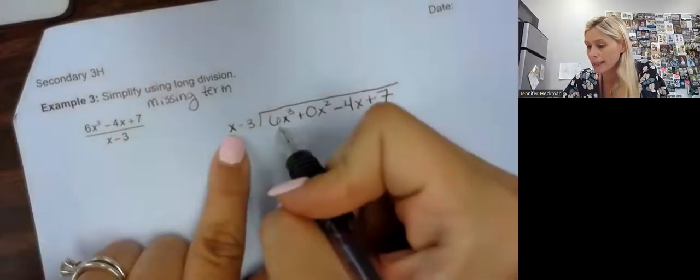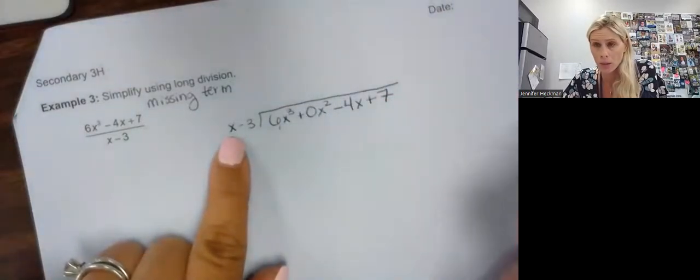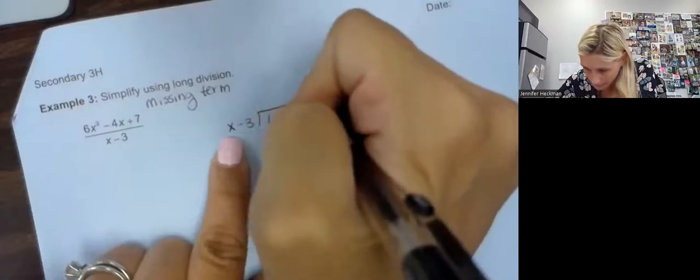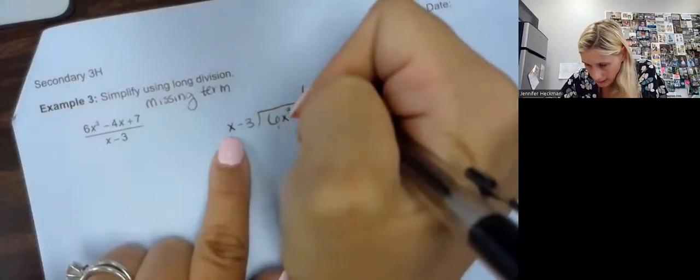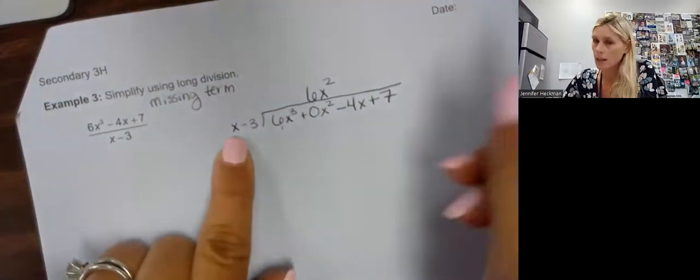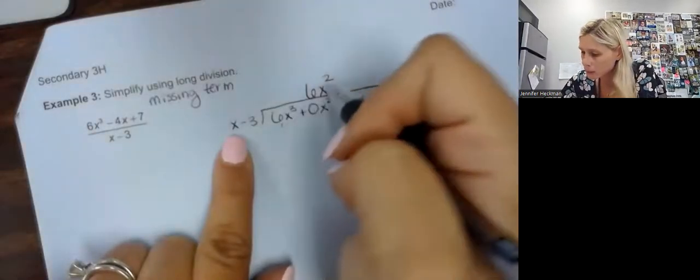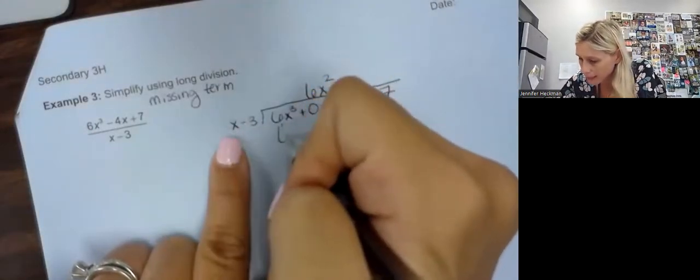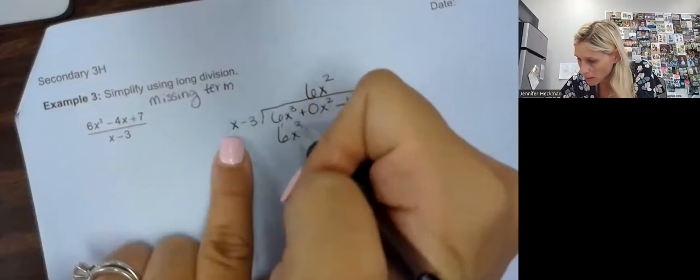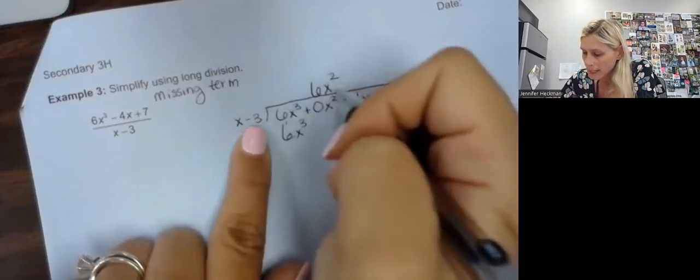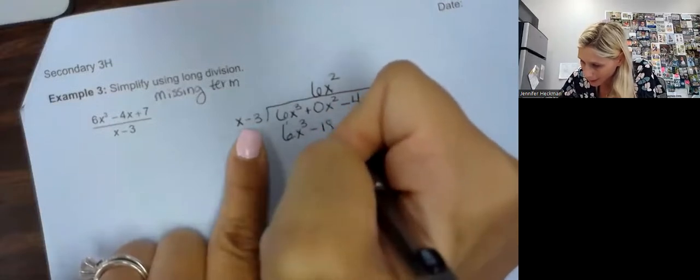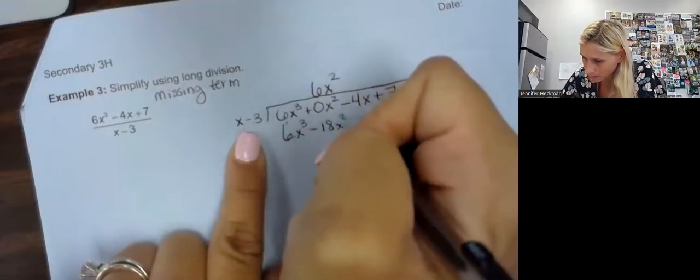X times what is 6x cubed? Well, that would be 6x squared. Okay, let's multiply. 6x squared times x is 6x cubed. 6x squared times negative 3 is a negative 18x squared.